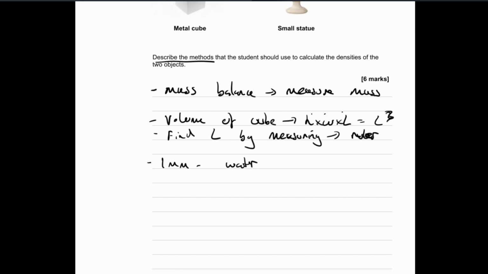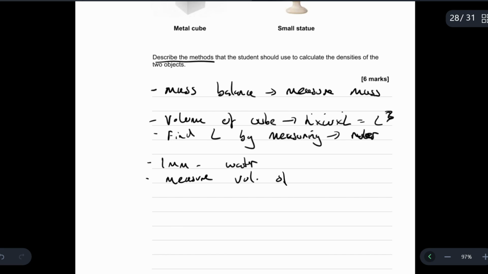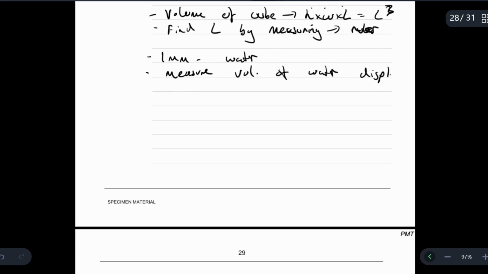And then essentially what you want to do is measure the volume of the water that's displaced. The reason why this works is, if you imagine that you have a bucket of water here and you place your statue in, I'm just going to draw it as a circle.